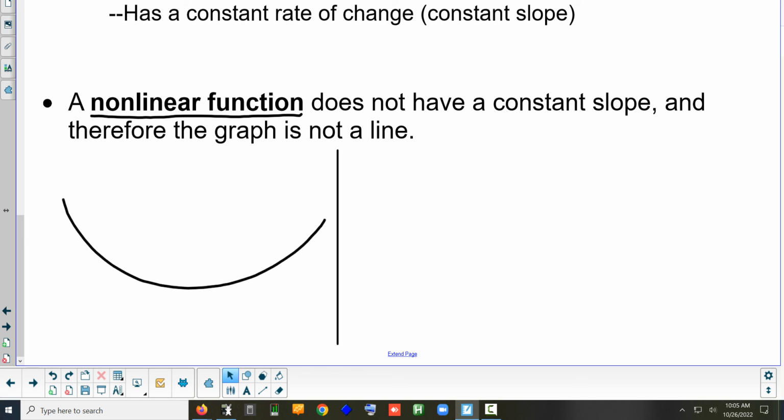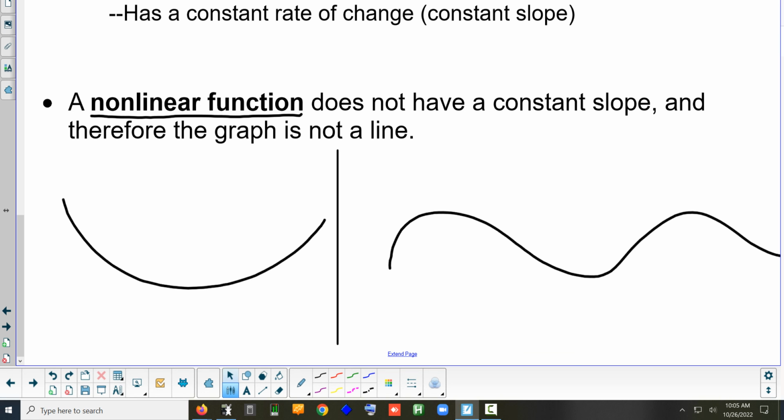So how about a shape like this? Is that a function? What do you think, Emily? How come? Because, sorry, can you say that again? Right, if you drag a vertical line through it, it never hits it more than once. So, I agree, it definitely is a function. But, is it linear?